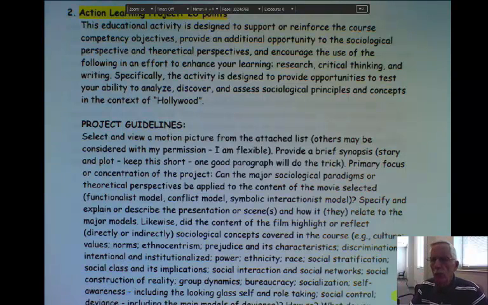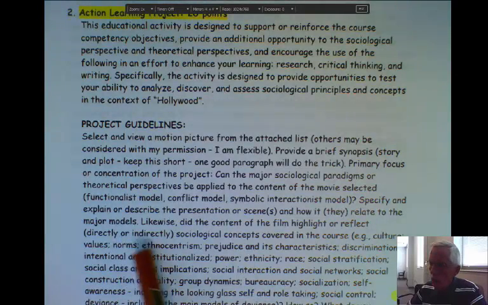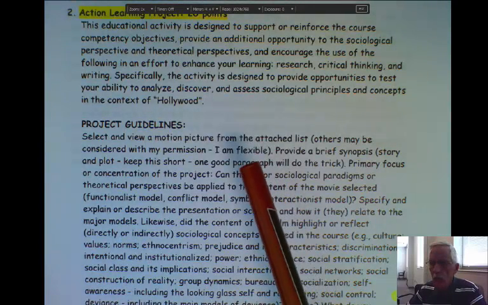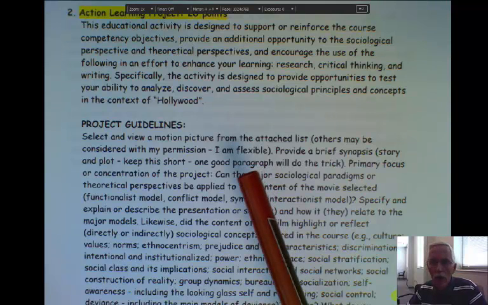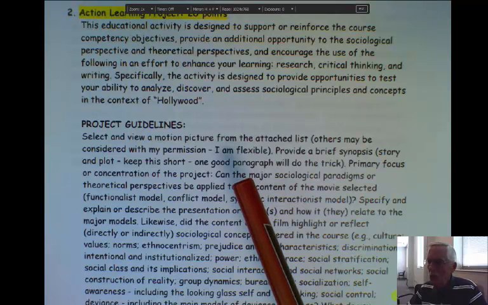Use that film to highlight key sociological models, concepts, and notions. I've given you quite a bit of information in terms of project guidelines. I want this to be a paper. You're going to write it up. So part of your grade is going to be based on how well you write. So watch your punctuation. No chicken scratching.